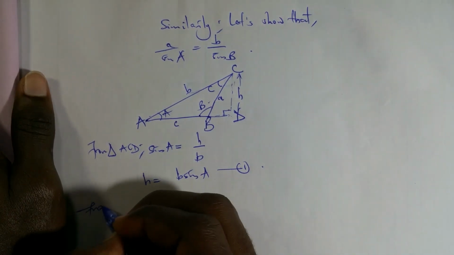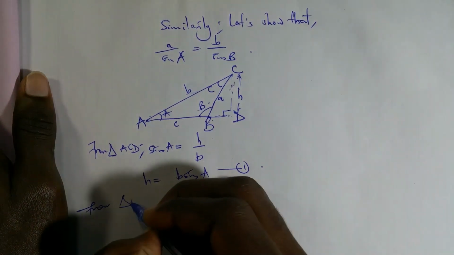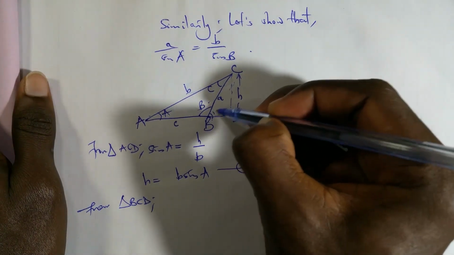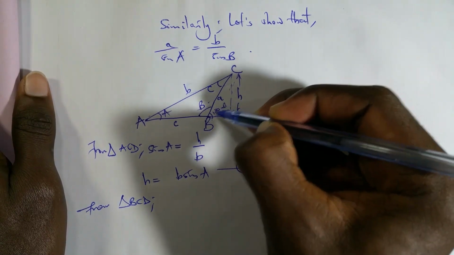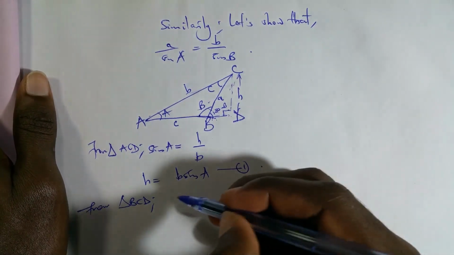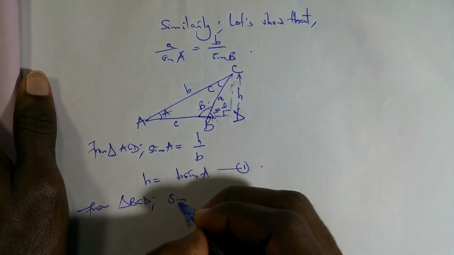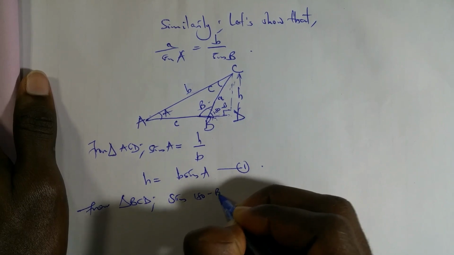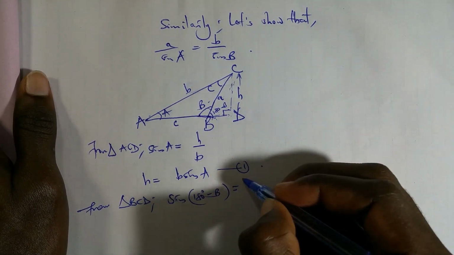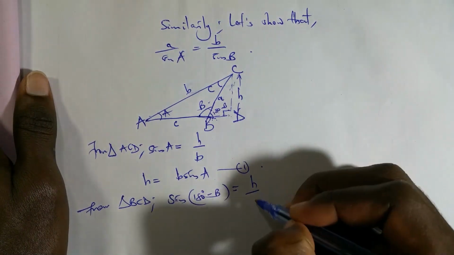Then from this triangle BCD, we're going to have that angle is 180 minus B. The whole of this straight line is 180. Now we subtract that B, it's going to be 180 minus B. So that means we are going to have sine of 180 minus B given by opposite, which is H, out of hypotenuse, which is A.